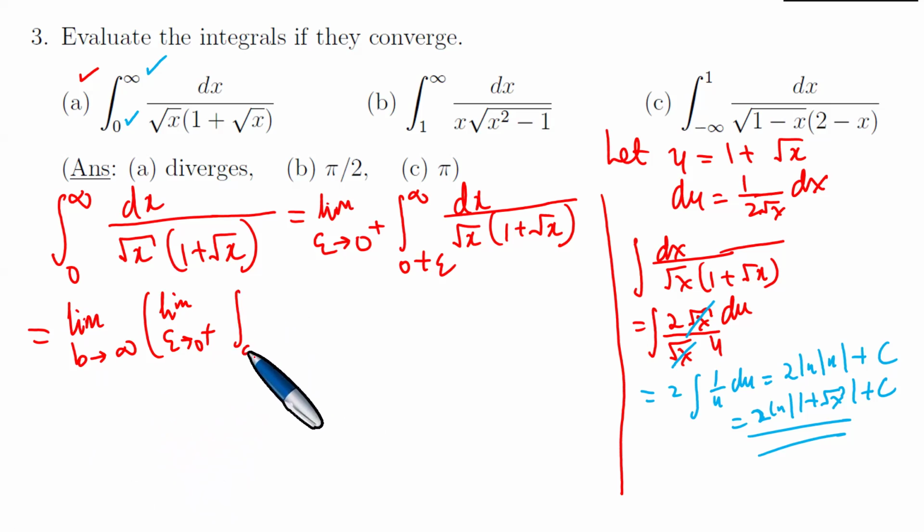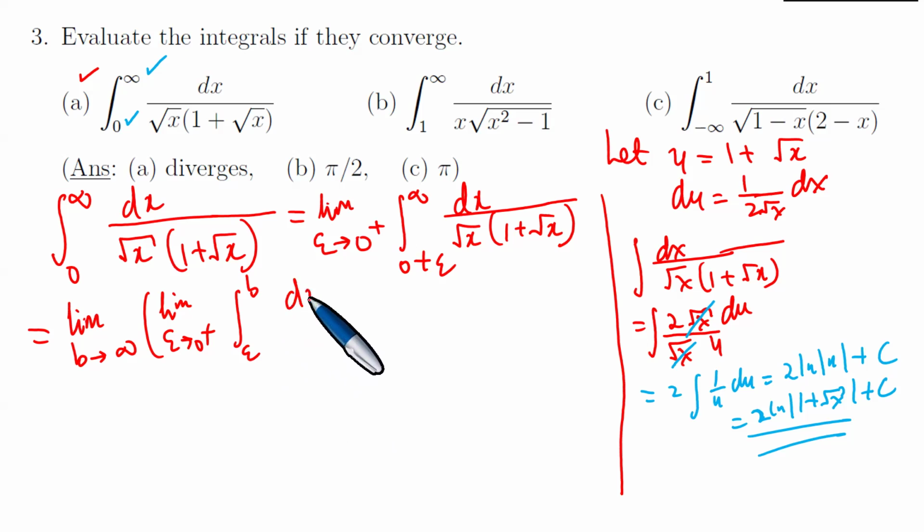And then you'd have epsilon to b, exactly this way.